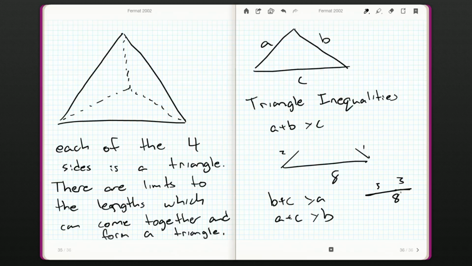Now, this can usually be summed up very quickly because, notice, if C is the longest side length, then these last two statements are obviously true.